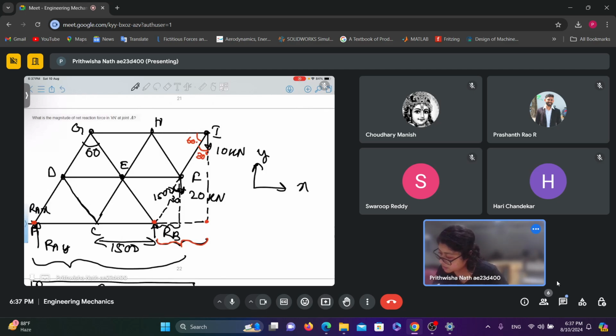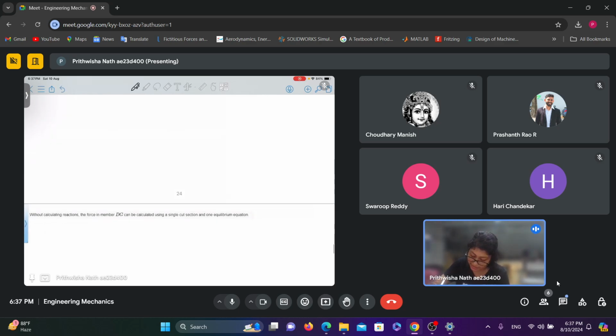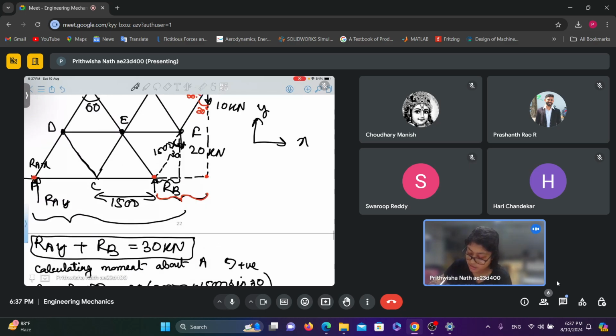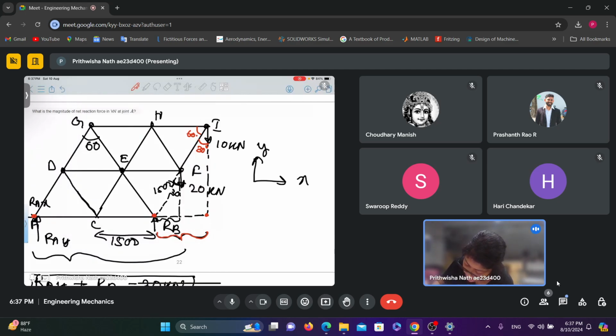DG is this member. Can you tell me if I make one cut, if I cut a single section, can I find out this force at DG? I need to find out this force using only one equilibrium equation and one cut.